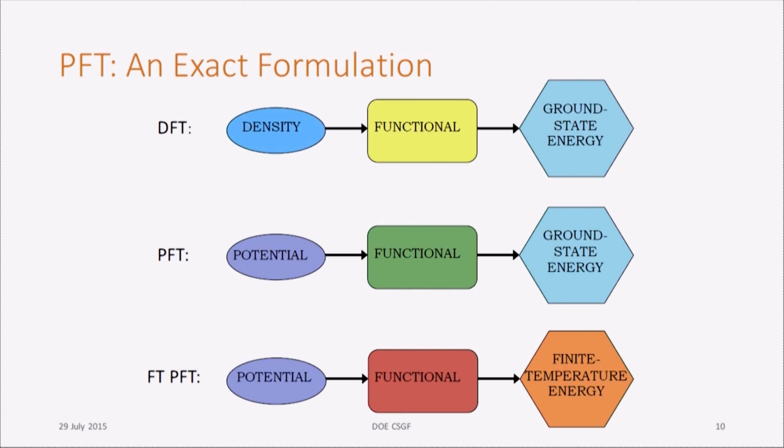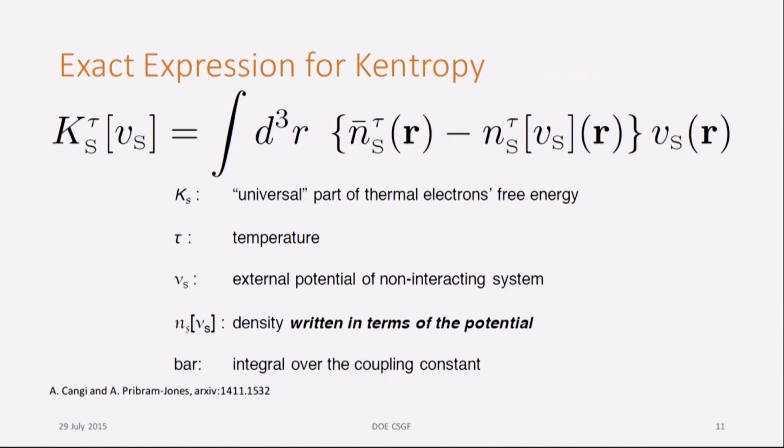Those are the things that don't have explicit temperature dependence in them right now, but that a lot of us are working toward building approximations for. However, we can use their knowledge if we take a finite temperature potential functional theory and input something for the rest of the energy. So not the interaction part, but the kinetic energy and the entropic energy that comes from a non-interacting system of electrons.